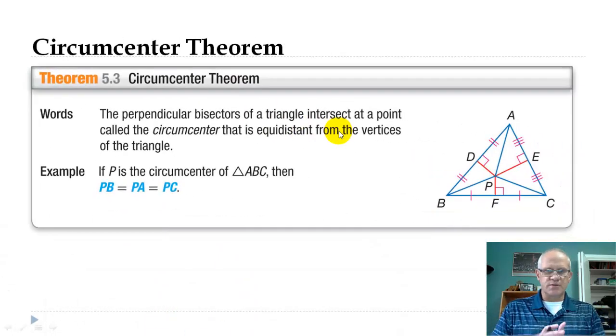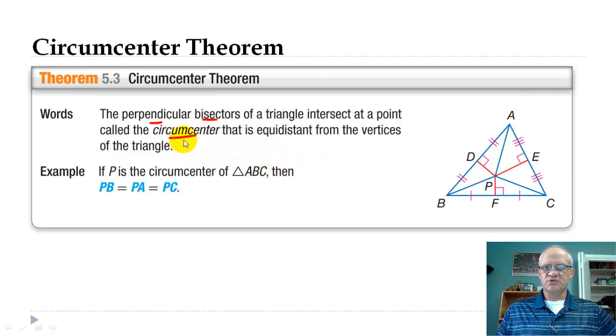All right, cool. Again, this is another thing I want to just mention to you, but I'm not even going to do a problem on this, just to get you familiar with this word. When we're talking about perpendicular bisectors, remember I said before, you can have a perpendicular bisector that comes from every side. Where all three of those perpendicular bisectors meet, right here, this point P, is called the point of concurrency, where all the lines come together. When they're talking about perpendicular bisectors, that point is called the circumcenter.